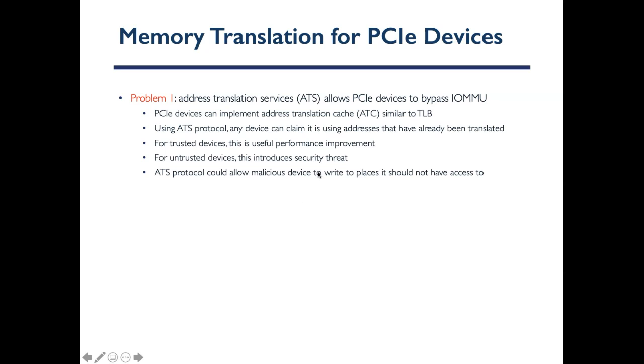So what is offered in the PCIe protocol is something called Address Translation Services, ATS. What it does is it's kind of like a TLB. So we had TLB, right? Where you could cache the translated addresses.